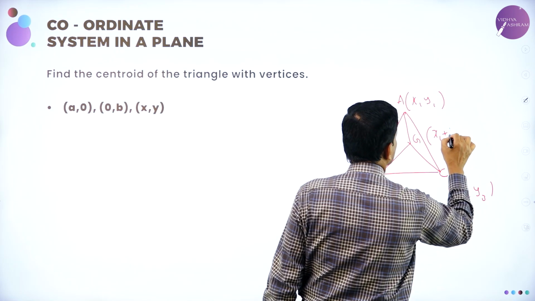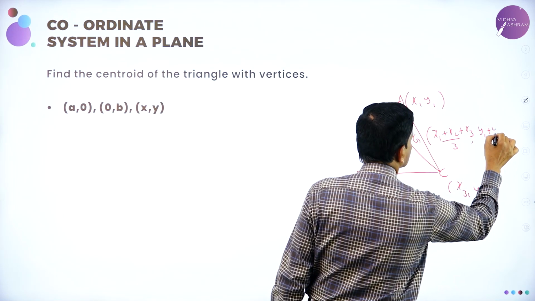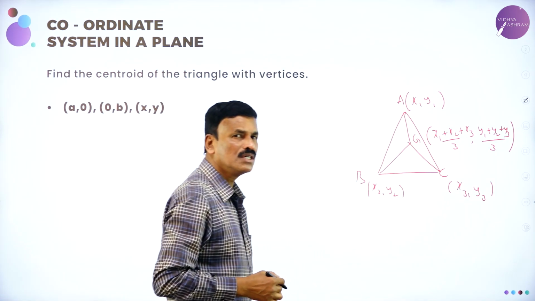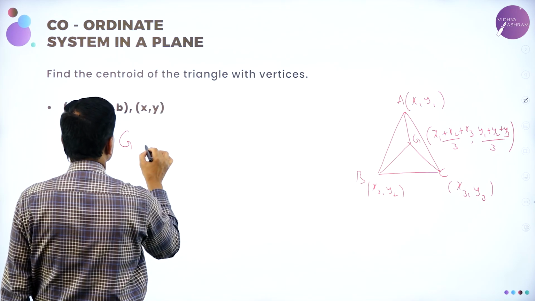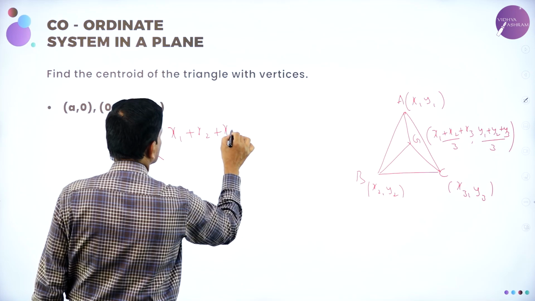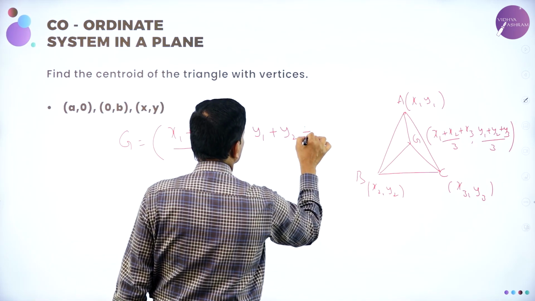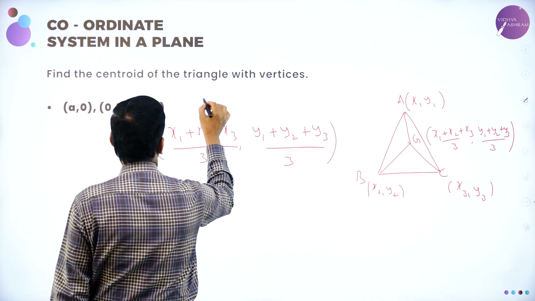G is equal to x1 plus x2 plus x3 by 3, comma, y1 plus y2 plus y3 divided by 3. This is the formula. Centroid G is equal to x1 plus x2 plus x3 by 3, comma, y1 plus y2 plus y3 by 3. This is the centroid of the triangle.